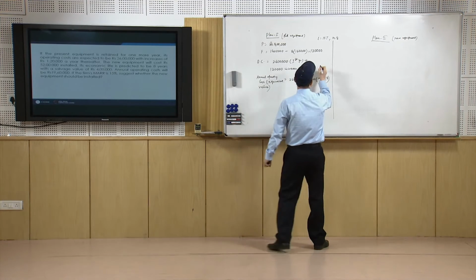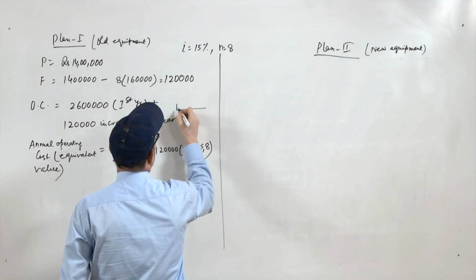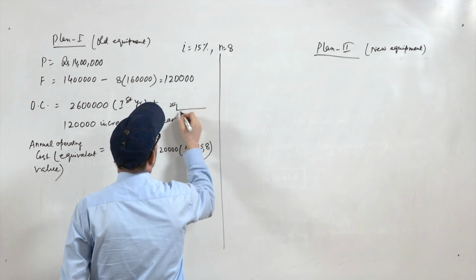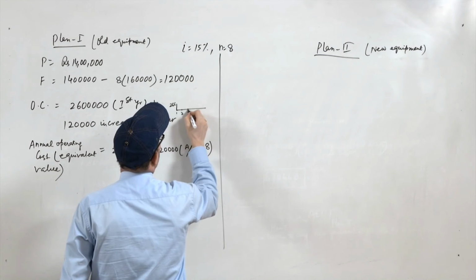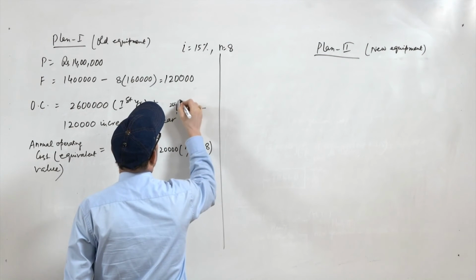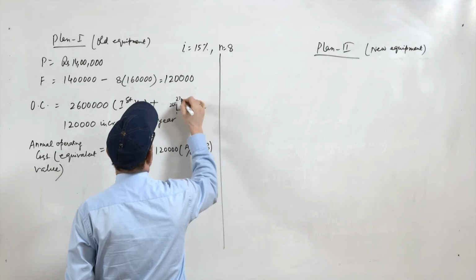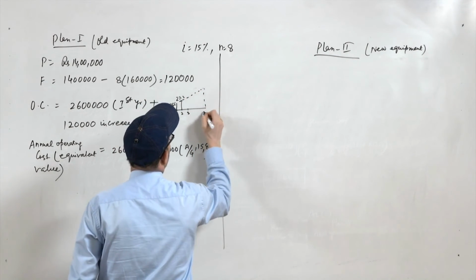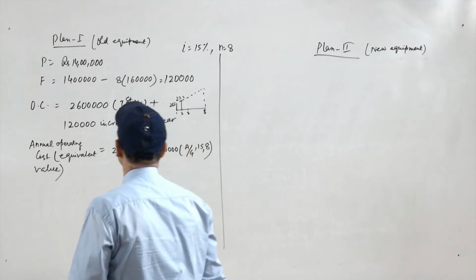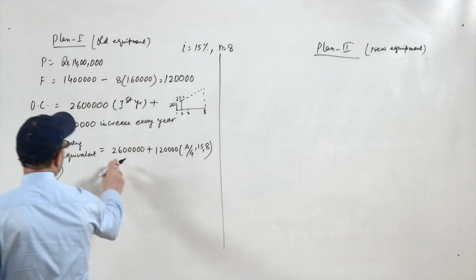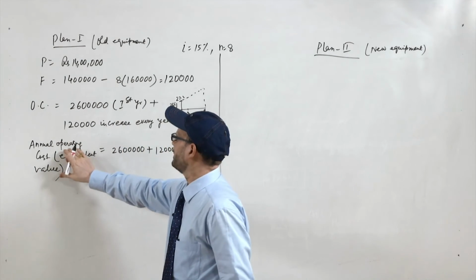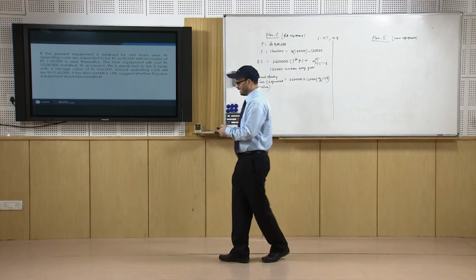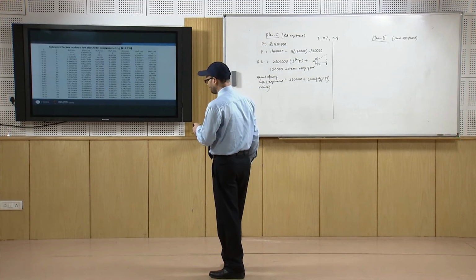The operating cost is basically that way: 26 lakh in the first year, and it increases every year, 26 plus 7.2 and like that, going up to the 8th year. That is why we are getting the annual equivalent value of the operating cost as this amount, and A by G 15.8 we can get from the table.